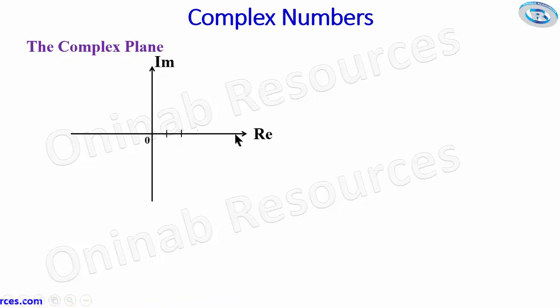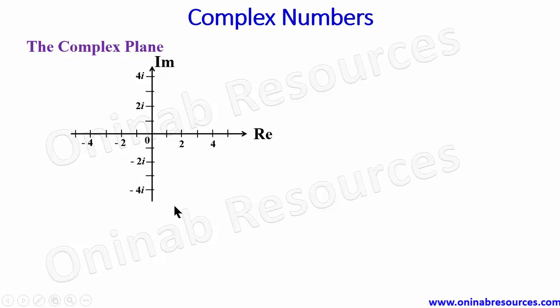So to the right, we can have it as real positive part, and to the left is the negative part. So here, this is the positive, here is the negative. So calibrating, if you take each one as one unit, here is going to be negative 2, negative 4. This is 2i, 4i, and here is negative 2i and negative 4i. This is the complex plane.